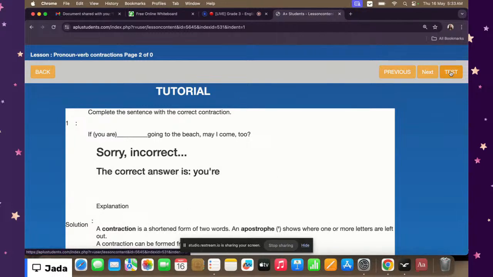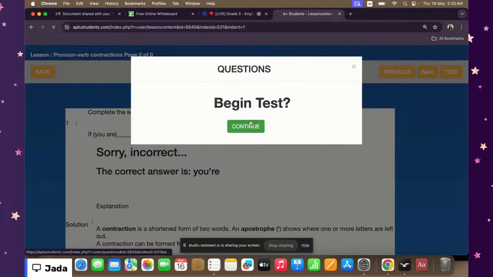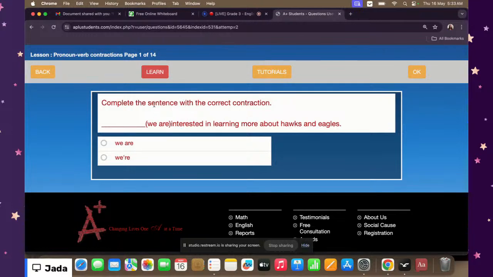So we'll move on to the test now, and you all can send your answers on the chat, because we're having pronoun verb contractions. Complete the sentence with the correct contraction. We are interested in learning more about hawks and eagles.